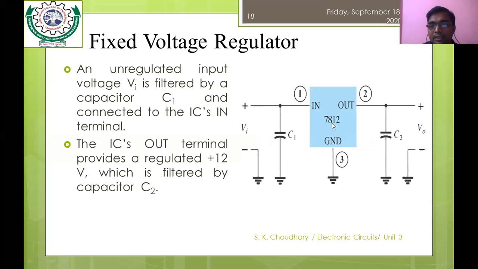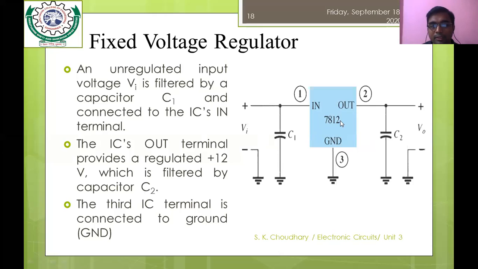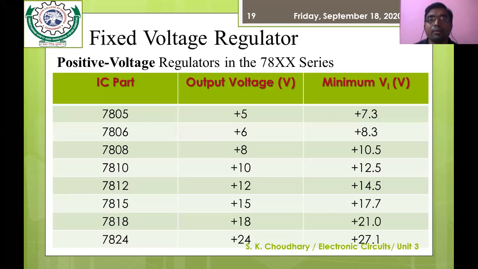The last two digits indicate how much output voltage will be produced. The third pin, the ground, is connected. This is the typical connection and operation of the fixed voltage regulator.